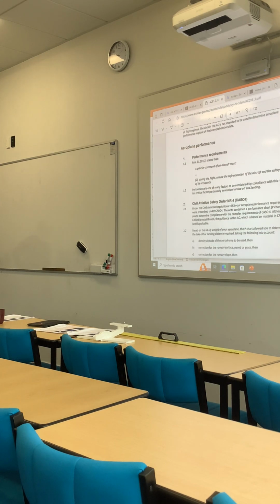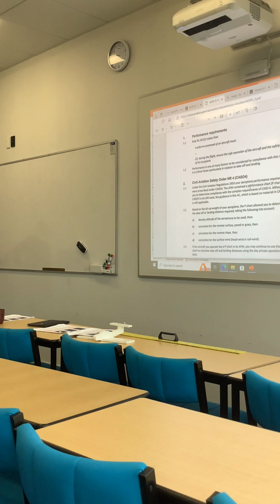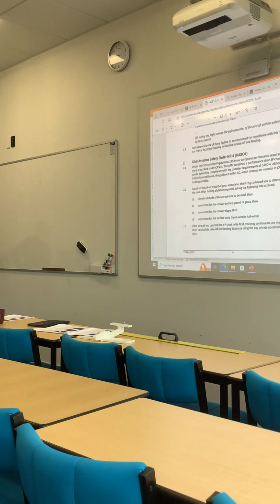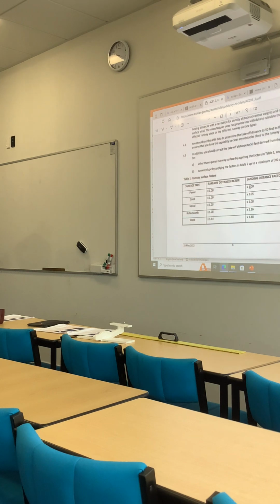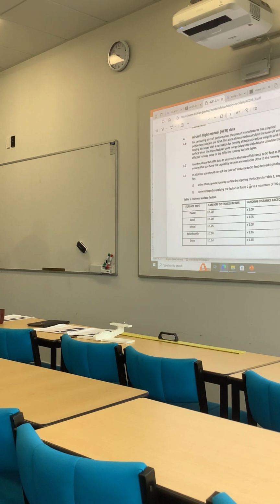So I'll just scroll through so you can see that information there, and you can read through it in your own time, because I'll just talk about it as we go through this briefing. What I will point out at this point though, before it mentioned in the PowerPoint that if we're using a P-chart, we also have to use correction factors from AC 91.3. So here's a table with those correction factors in there, see under the aircraft flight manual data.